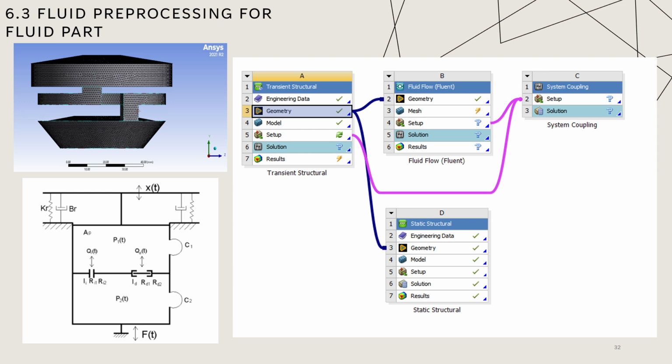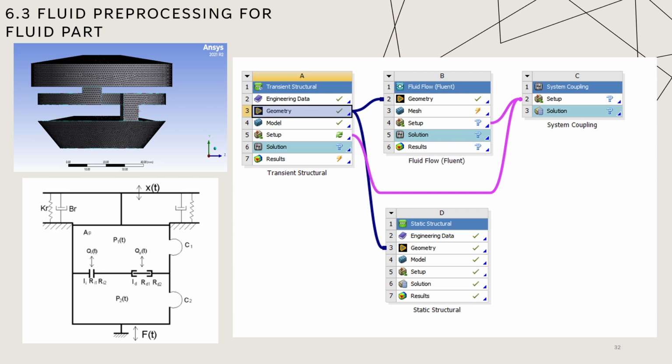And that is what I have for my presentation today. So I'm going to talk a little bit about what I'm going to do next. On the right side of the screen is my planning. On the top left corner is the transient structural. You have the geometry, you connect it to the fluid flow, and it's going to connect all of the geometry together.